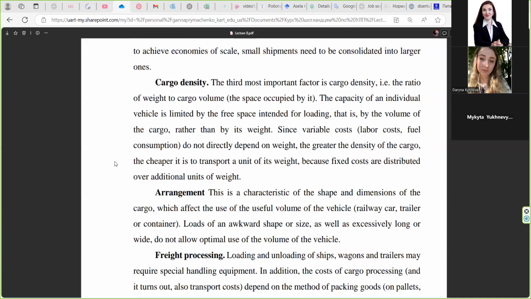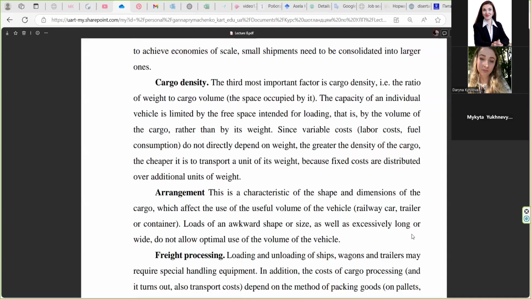And the next economic factor is arrangement. This is a characteristic of the shape and dimensions of the cargo, which affects the use of useful volume of the vehicle, railway car, trailer, or container.